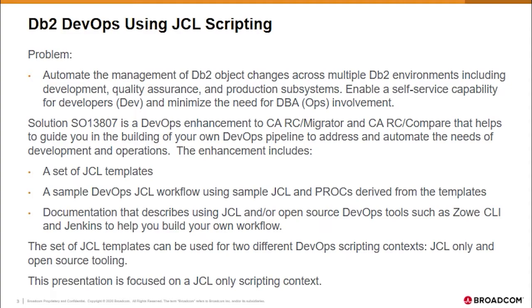By open source tooling, I mean using open source tools such as GitHub, the Zoe CLI, Jenkins, etc. This presentation focuses on the JCL approach. We also have a companion presentation available which shows the use of open source tools.